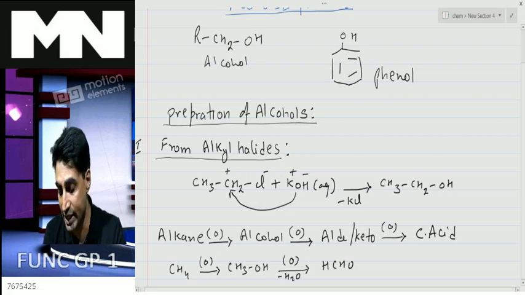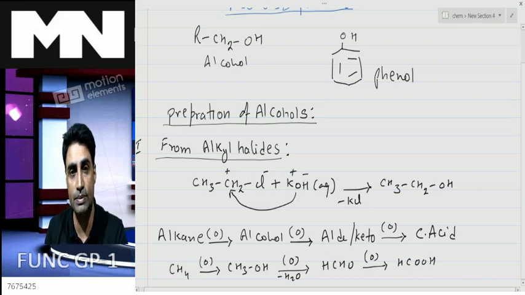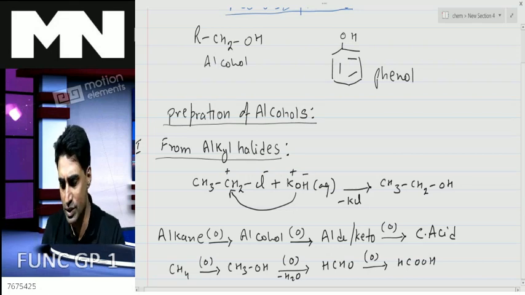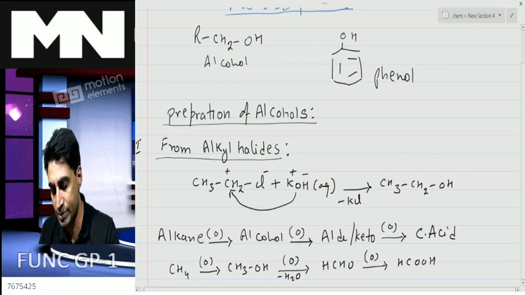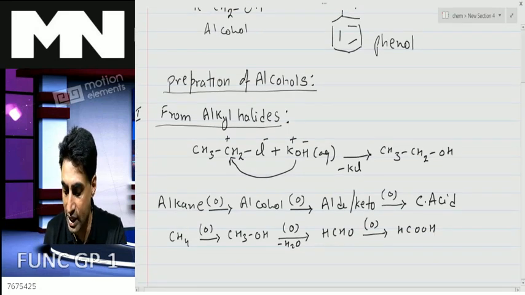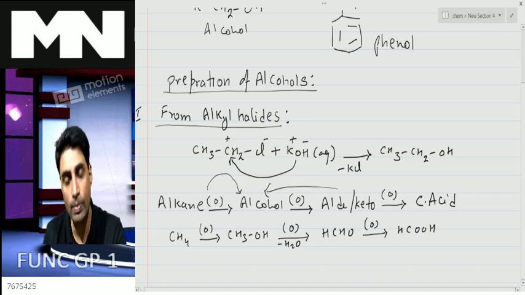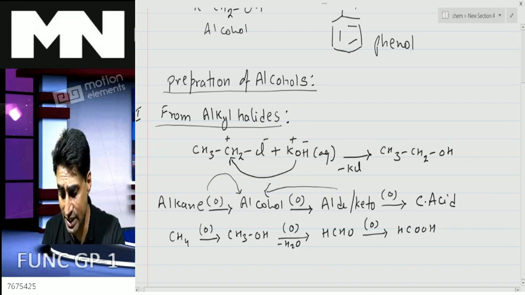I'll get formaldehyde, which on further oxidation will give me HCOOH, that is methanoic acid or formic acid. So this is the general trend. If we want to prepare alcohols, we can prepare them by the reduction of aldehydes and ketones or by oxidation of alkanes.